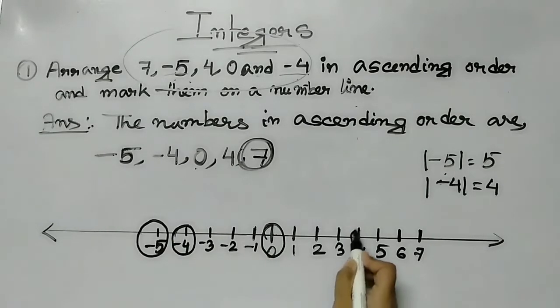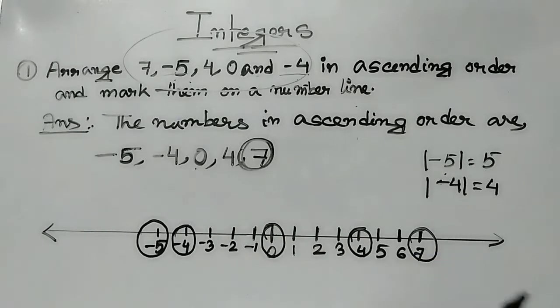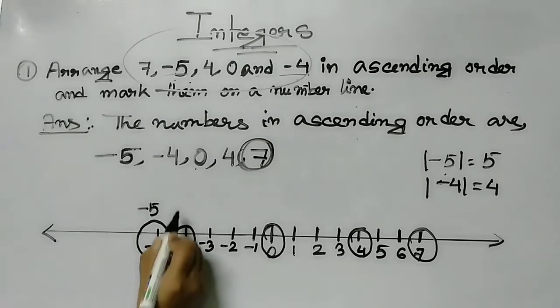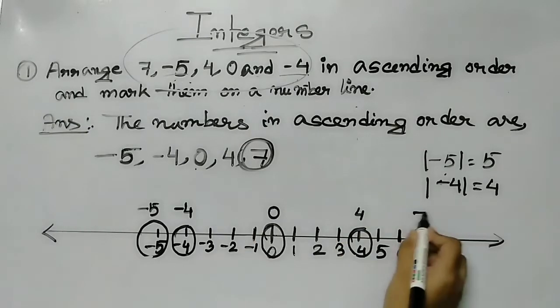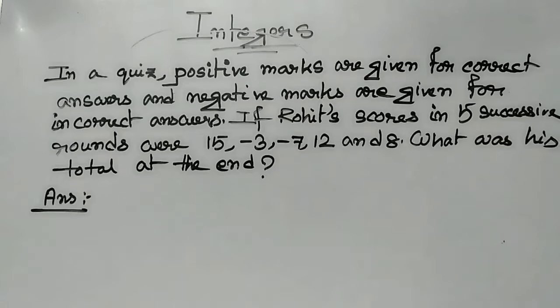Next 4. We have to circle this. And next 7. We have to circle this. Now, we have to write above these numbers. Minus 5. This is minus 4. This is 0. This is 4. And this is 7. Now, this problem has been completed. So, go to the next problem.